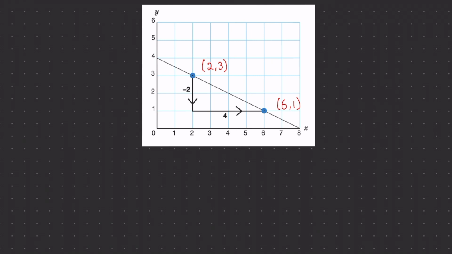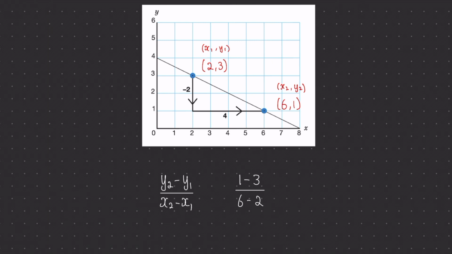So the point on my left will be my x1, y1, and the point on the right will be my x2, y2. Now I'm going to do the change in the y direction, so I'm going to do y2 minus y1, which here would be 1 minus 3. Then I'm going to divide by x2 minus x1, which here would be 6 minus 2.